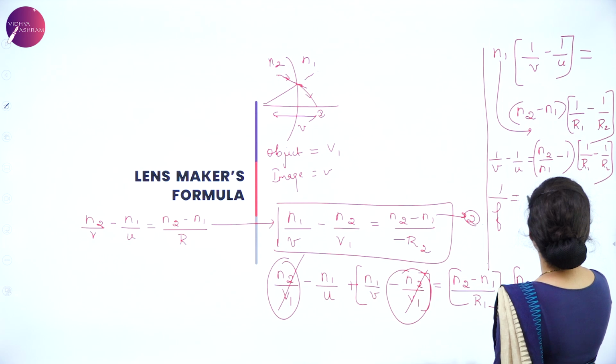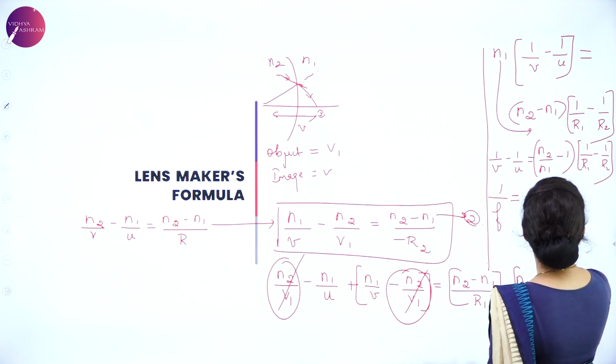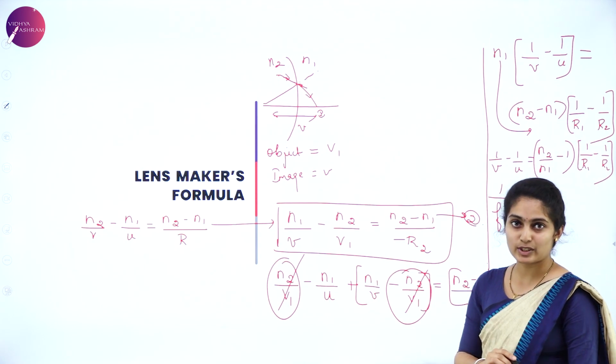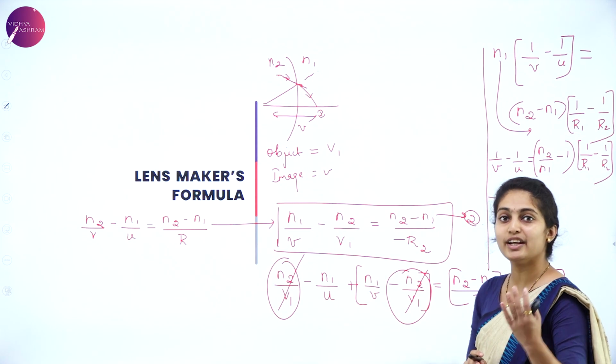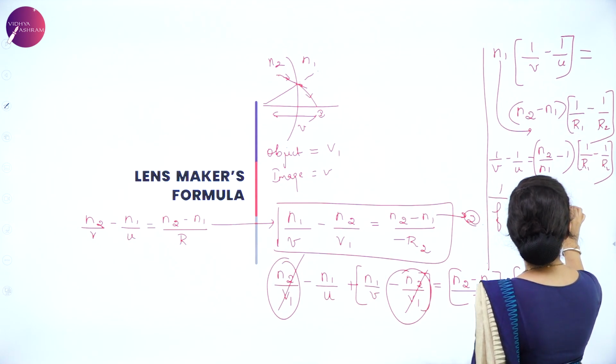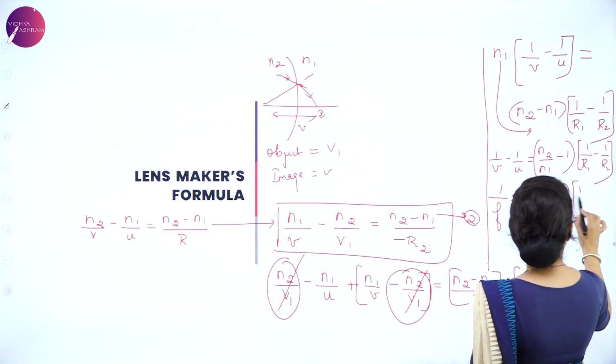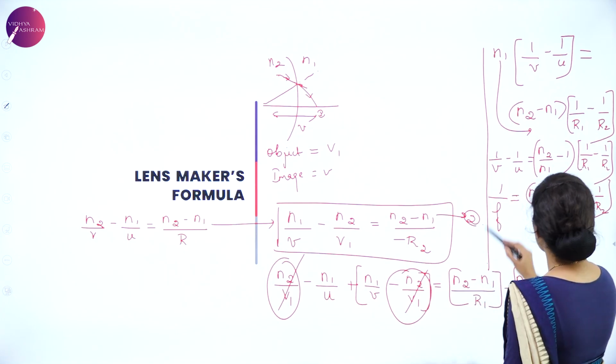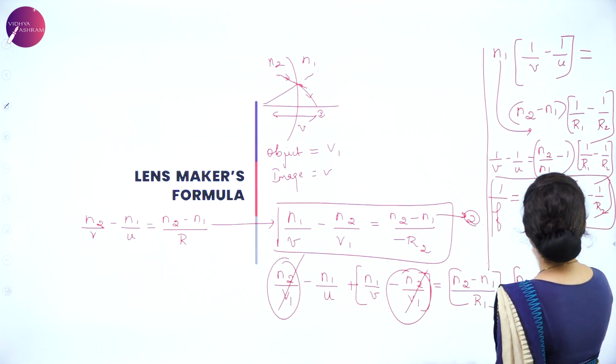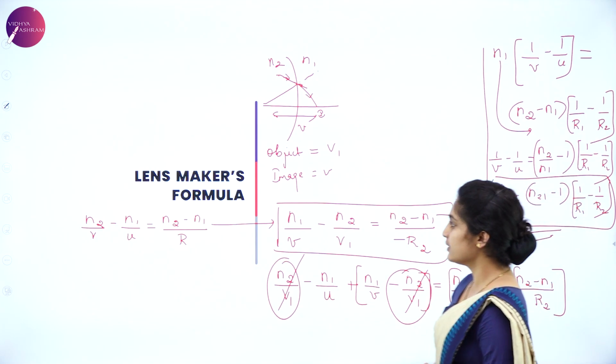And N2 by N1 is with respect to Snell's law. It turns out to be 1 by F equals N minus 1 times 1 by R1 minus 1 by R2. So this is the final equation which represents the lens maker's formula.